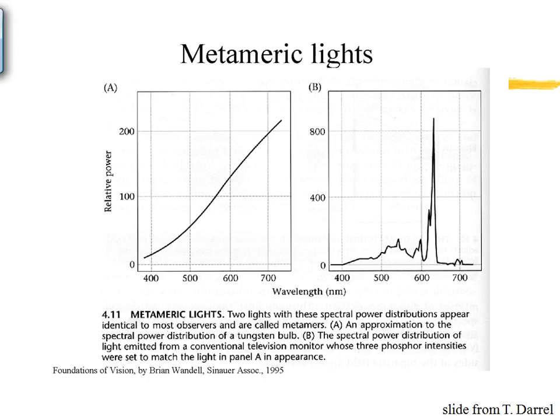So you could have scenarios where you can take very different light sources with very different spectra, but they will be perceived to be exactly the same. For example, the simplest example of a good metamer is to go out and buy a light.